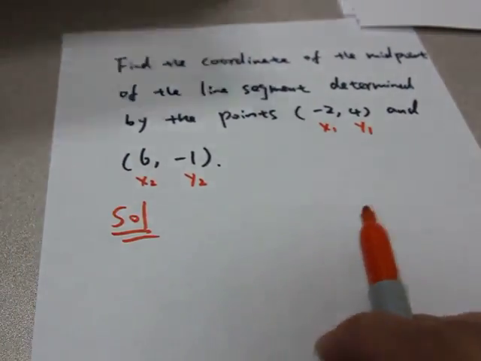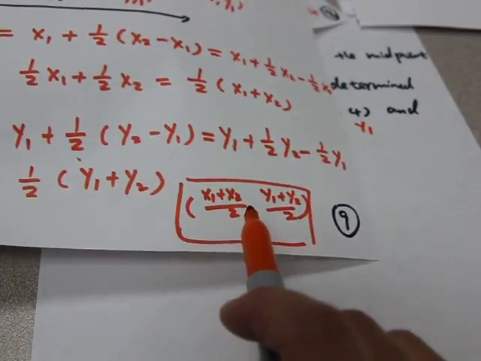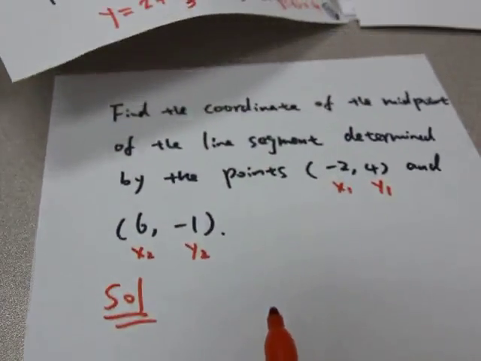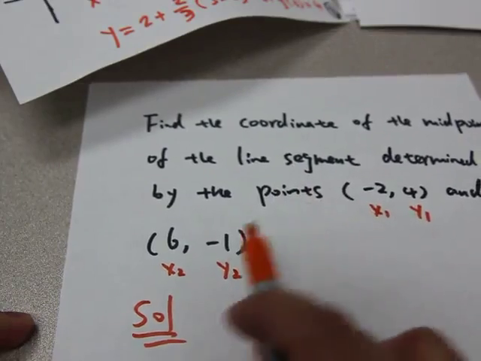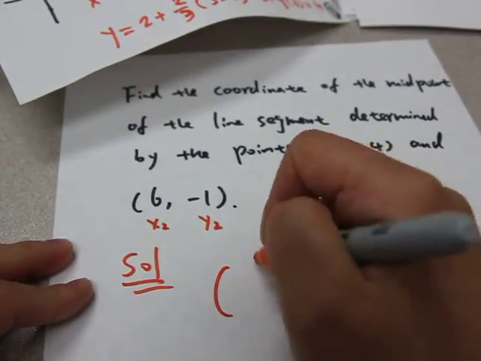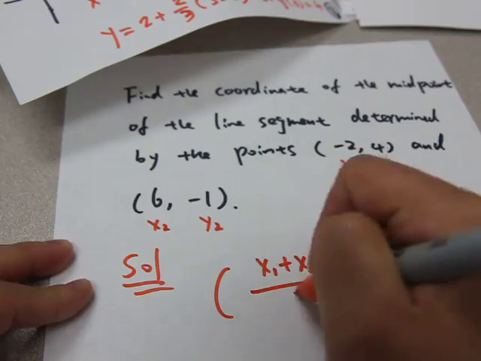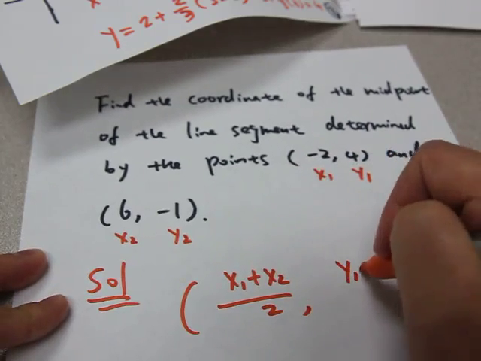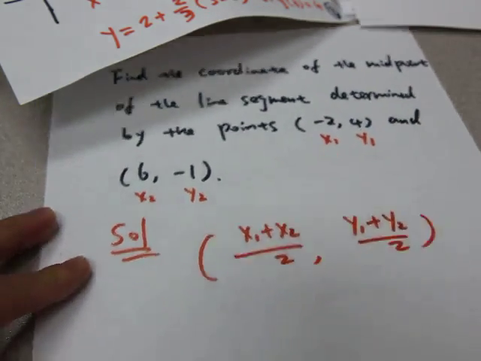So according to this formula, the coordinate of the middle point between these 2 points is given by x1 plus x2 over 2, y1 plus y2 over 2.